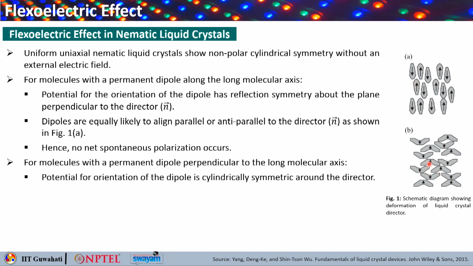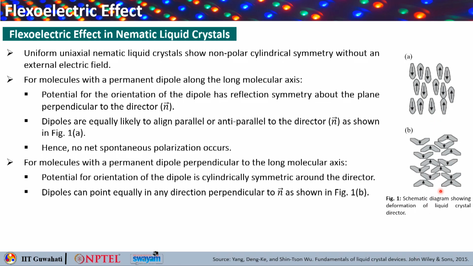Now if you consider the molecules where the permanent dipole is perpendicular to the long molecular axis, so this is the long molecular axis. In case B, you are seeing that the permanent dipole is perpendicular to that long molecular axis. So what you see here is that the potential for orientation of the dipole is cylindrically symmetric around the director.